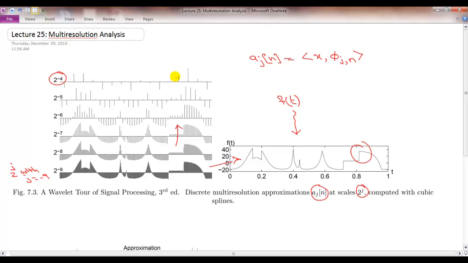So if your communication bandwidth allows you to transmit only a certain amount of bits, you can go to a scale where you will lose some details. You can go to a scale of maybe 2 to the power of 3 or 2 to the power of 4. Right? Your j can get larger so that you can transmit within the bandwidth that is allocated to you.